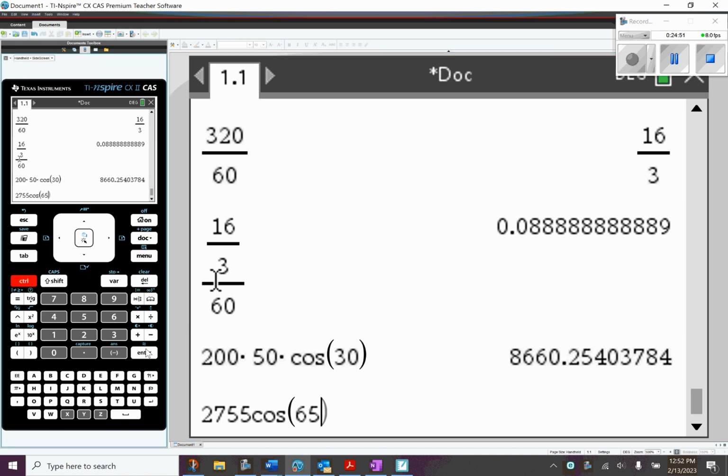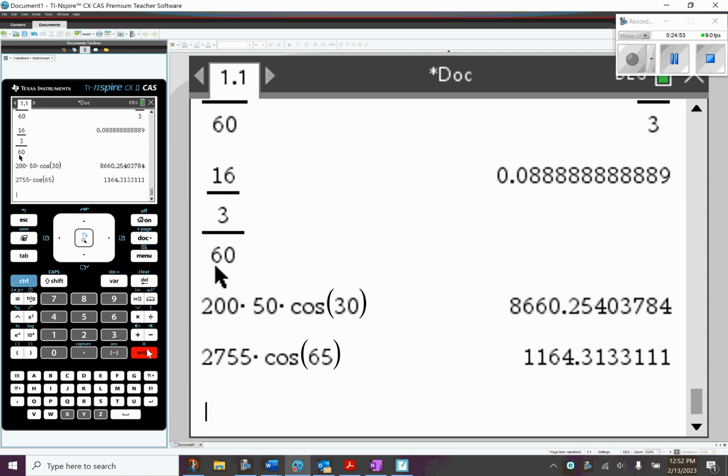Just force the decimal approximation. And again, I don't think that's unreasonable at this point to round that off to the nearest whole number and just say 1164.